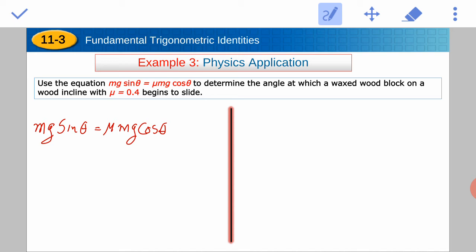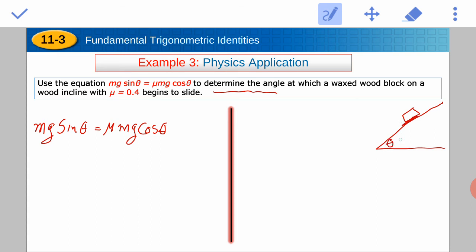Our job is to determine the angle. Our job is to find the measure of angle theta at which a waxed wood block on a wood incline, with mu given, this friction factor mu equals 0.4, begins to slide. Guys, to understand the idea of the problem, we have a waxed wood block like this, placed on an inclined surface like this, and it's stable, it is not moving.